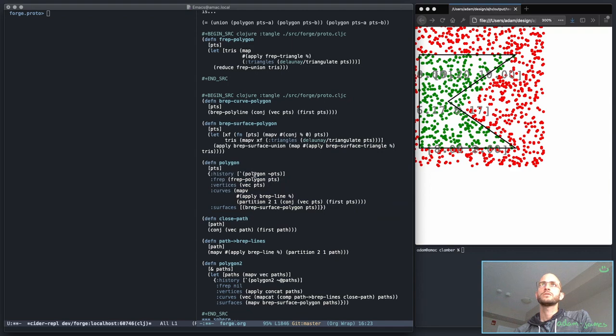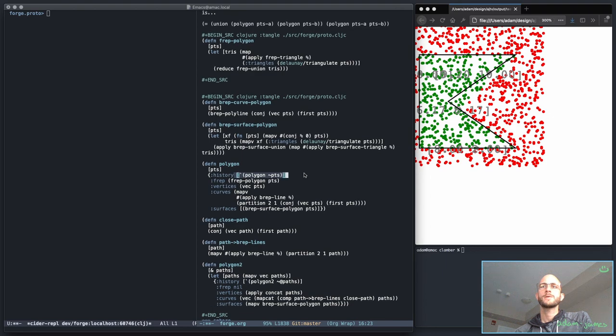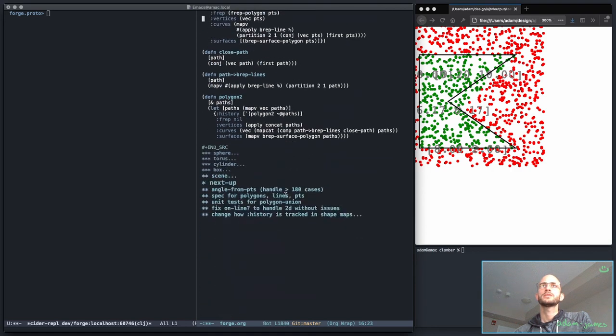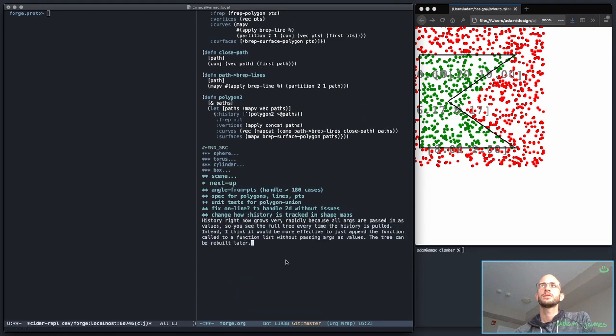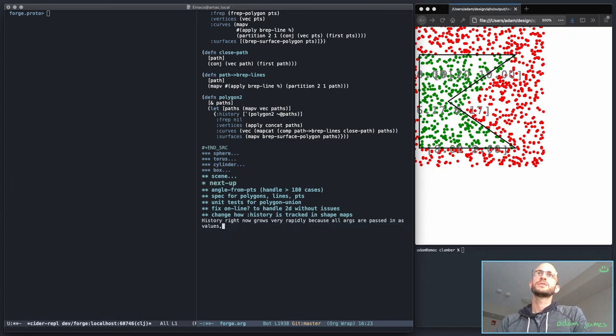I have this call to, oh no, actually what I can do, this is not right. So all args are passed in as values and every step is appended to the history list.